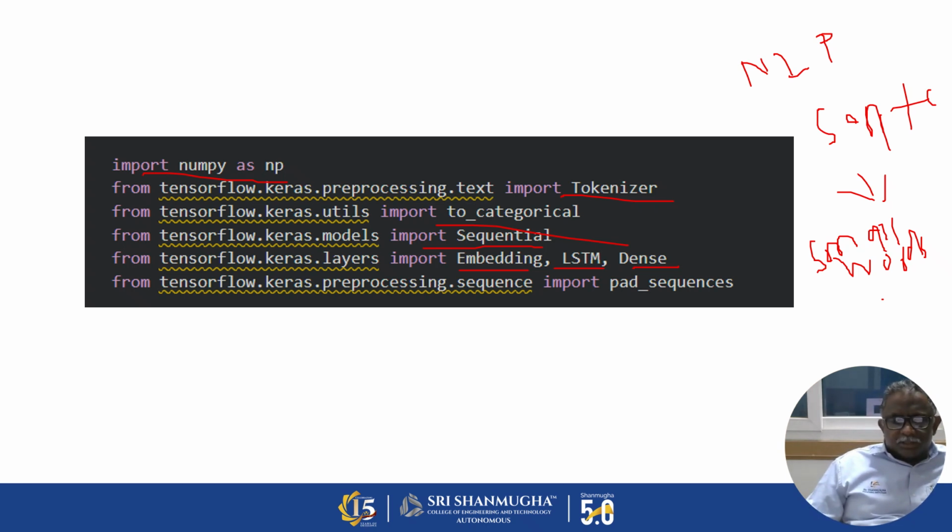Each sentence will not have the same length, so we are going to use pad_sequences. Padding will be used before training, and these are the libraries to be imported in Python.